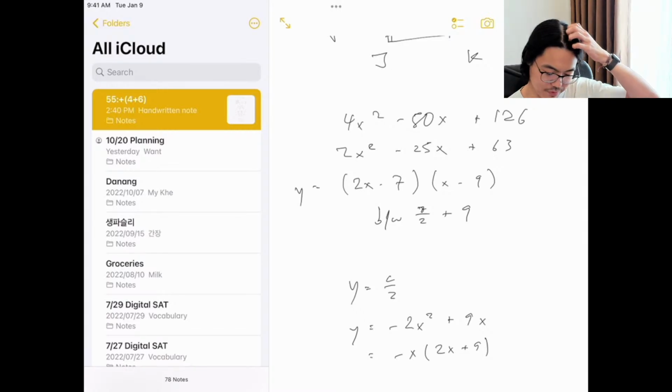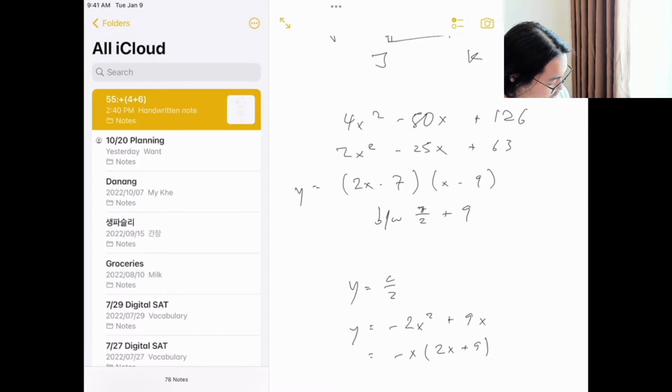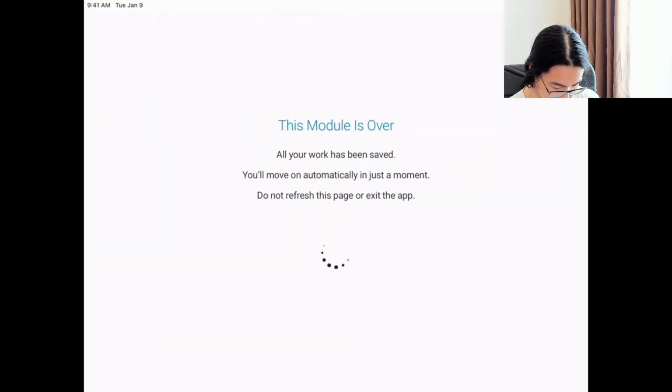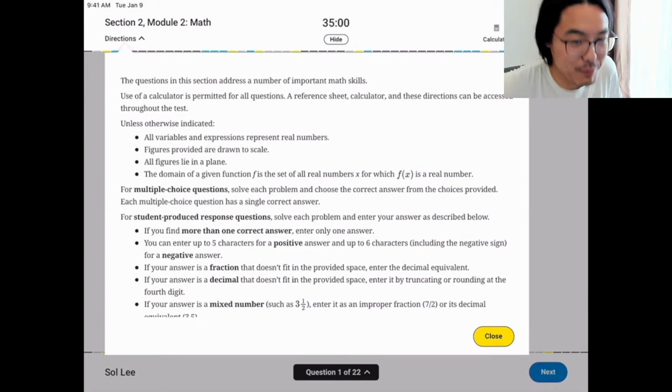All right, what's 9 minus 3.5? That's 5.5, divided by 2 is 2.75, plus 3.5 is equal to 6.25. So that's 6.25. It's over? Jesus, I'm terrible at math, yo.